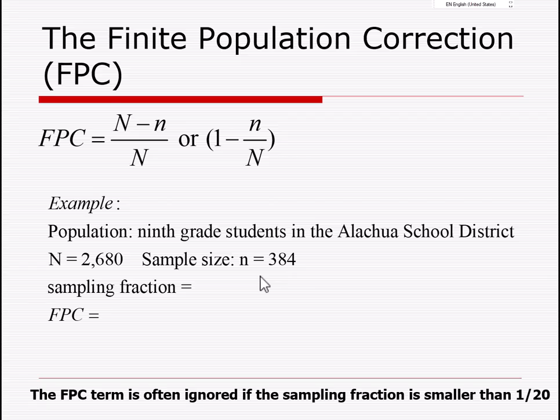Therefore, you can reduce your sample by implementing a finite population correction, or FPC. The finite population correction is 1 minus the sampling rate. The sampling rate is n over big N. So your sampling rate in this case is 14%, your 0.14. Therefore, your finite population correction is 0.86, right? So it's a number that you then multiply by your sample to reduce your sample size.